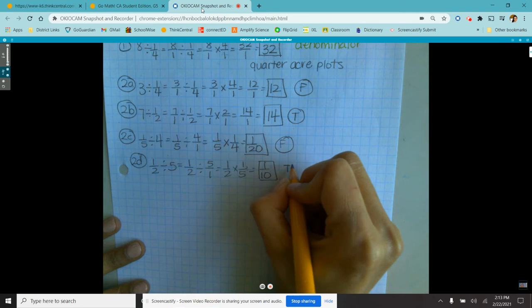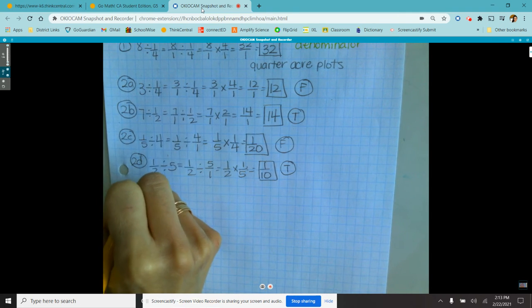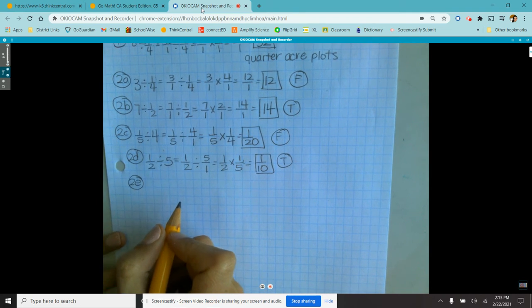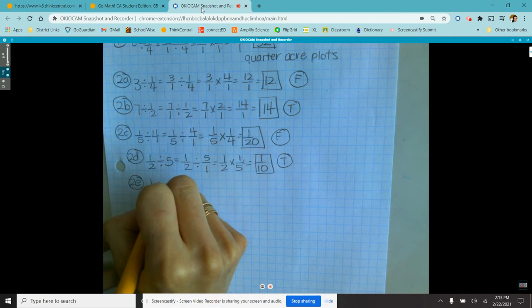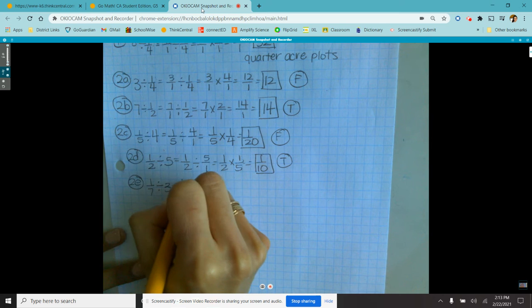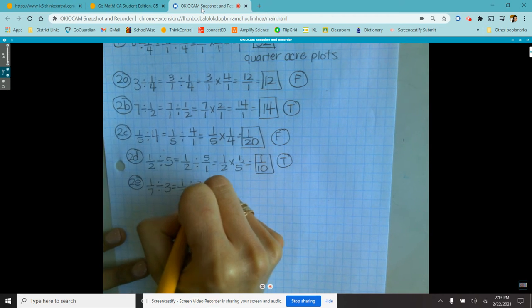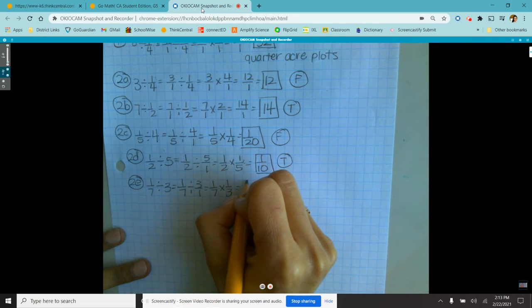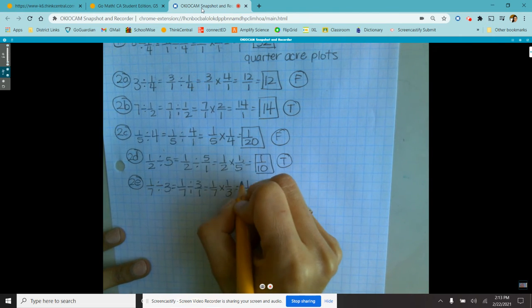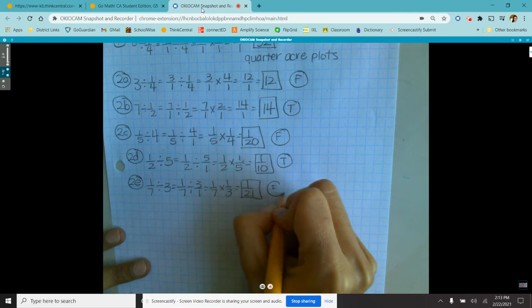And that's 1/10, so that's true. And 2E is 1/7 divided by 3 equals 1/7 divided by 3 over 1, times 1/3 equals 1 over 21. And this one is false.